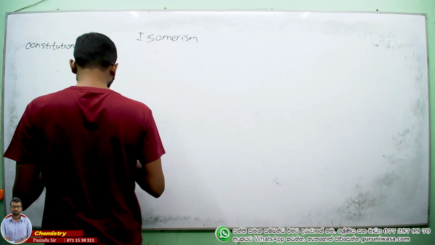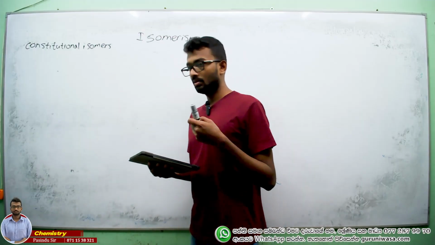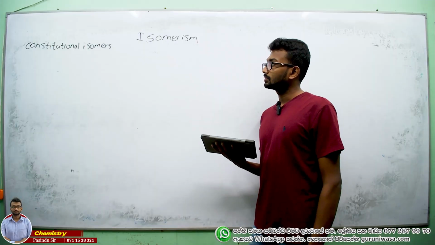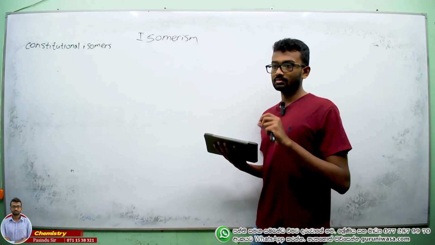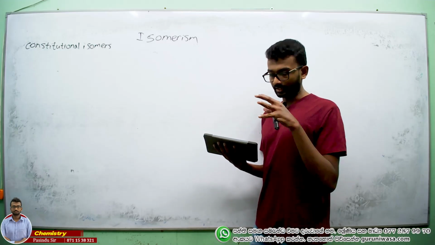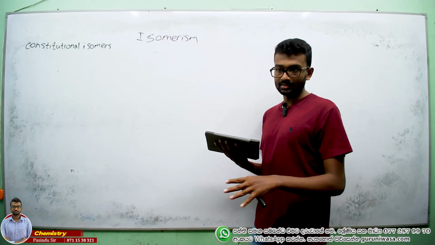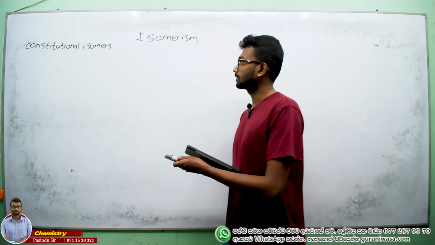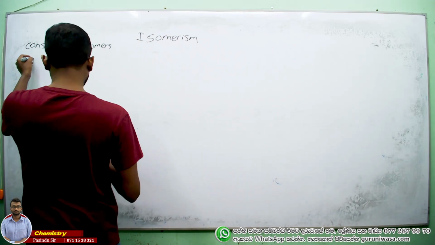It's mainly about the connection, the way those atoms are connected with each other. There are three types of constitutional isomers.